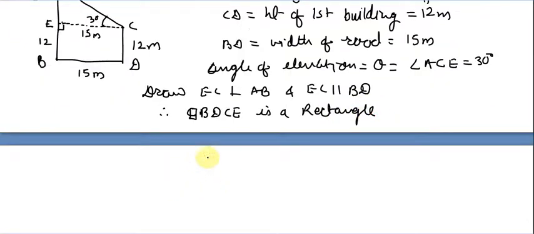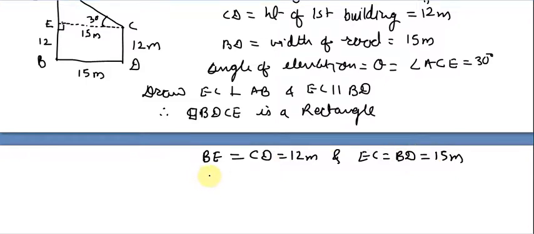So we can say that this DE is equal to CD equal to 12 meter and EC equal to BD equal to 15 meters, and let AE equal to X meter.